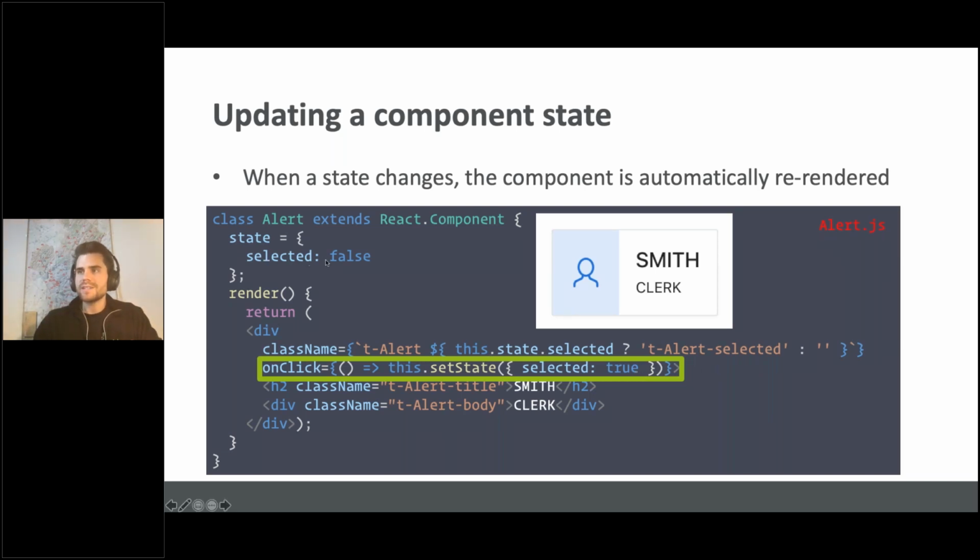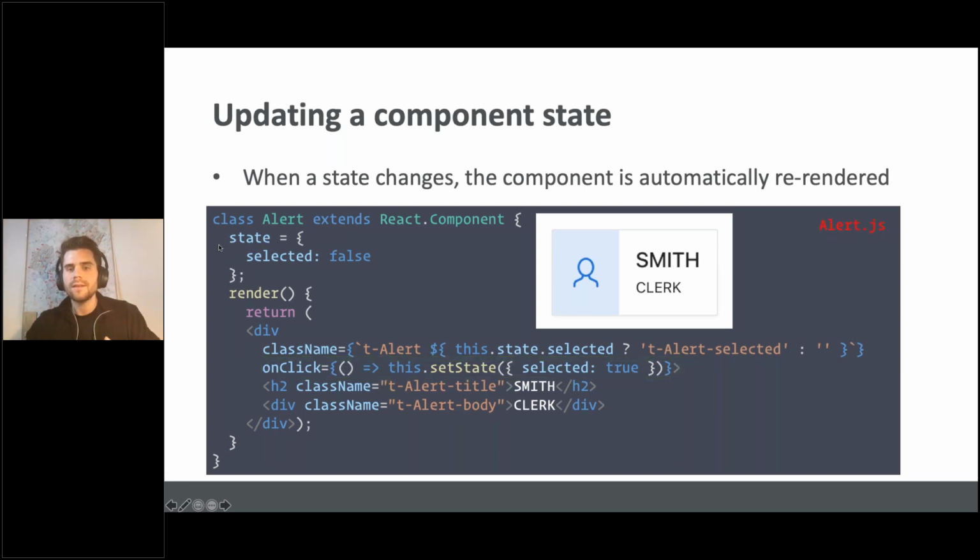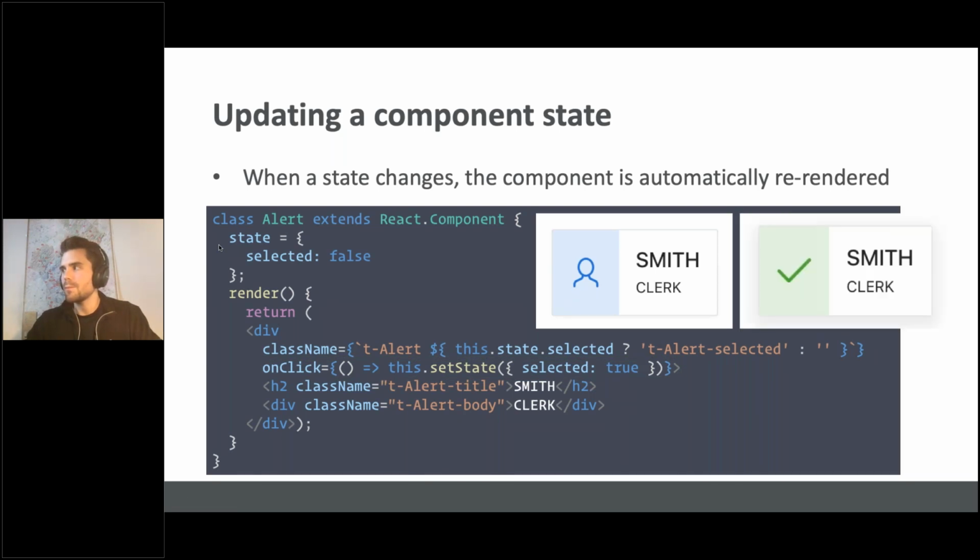Whenever you change this value, so I click on this box and change the value of selected, it is now true. So the state has changed, and because the state has changed, the component will re-render itself. That's part of the React framework. So as soon as I click on it, my alert will turn green with a check mark because I completely changed the class.